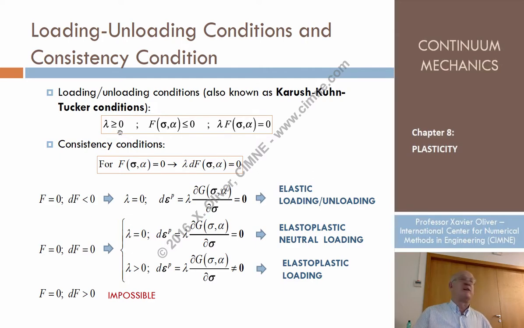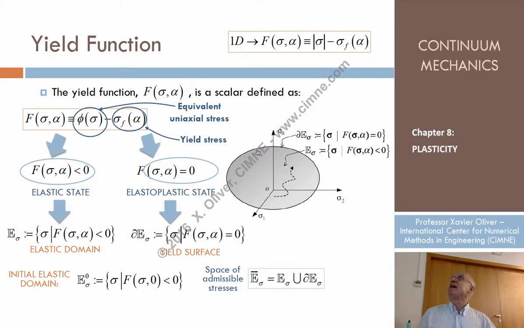Lambda cannot be smaller than 0 because that condition precludes that situation. For lambda equal to 0, this rule also establishes that the generated elastoplastic strain is equal to 0. Okay? So that is a situation in which we are at the boundary, but now we move tangent to the boundary. So there is no change of alpha.